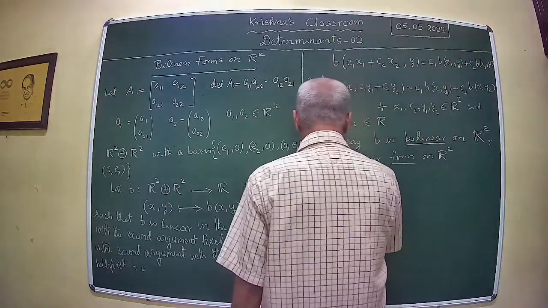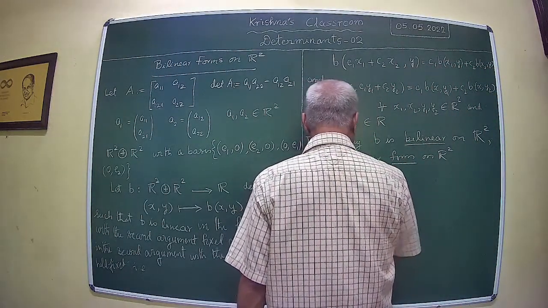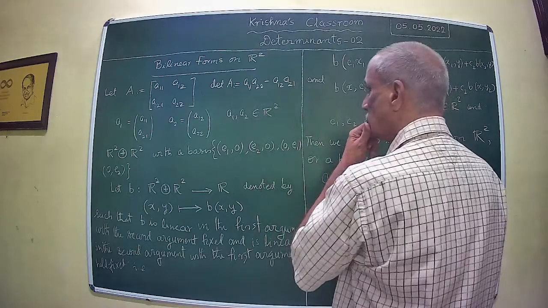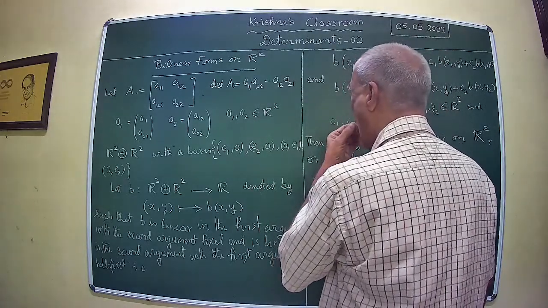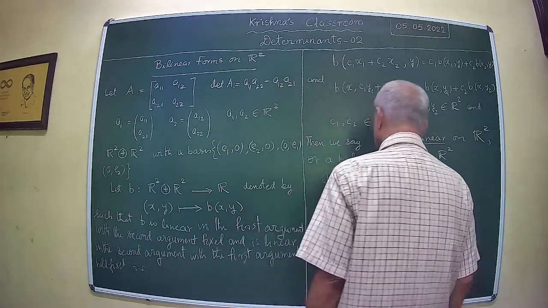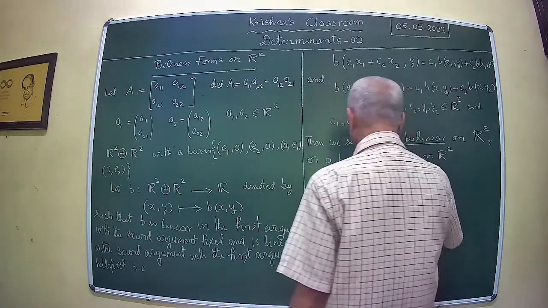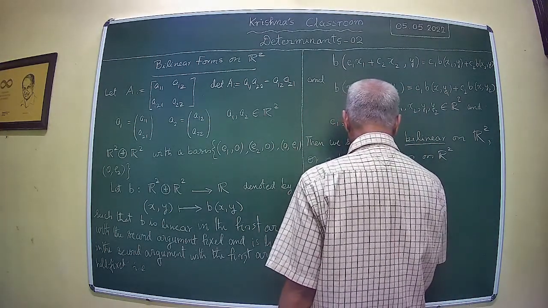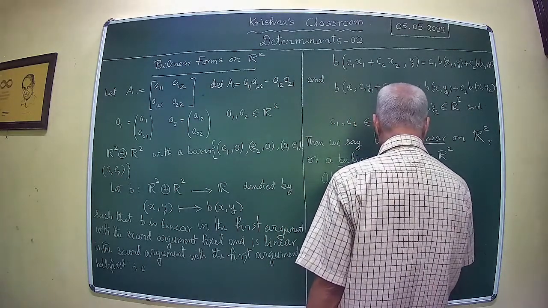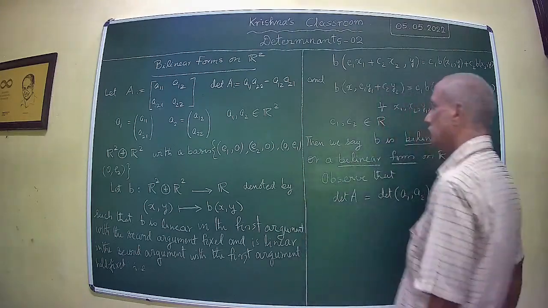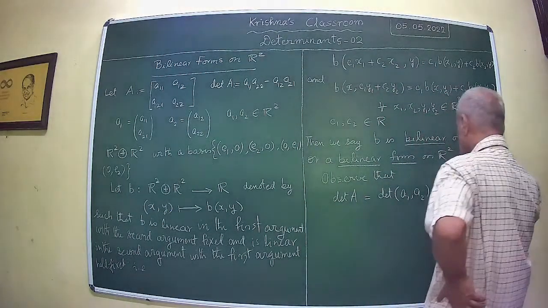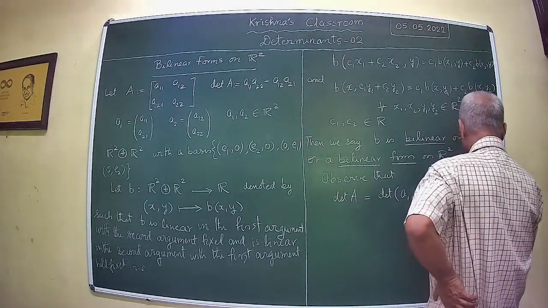Now observe that the determinant of A, which can be rewritten as determinant of A1, A2, that means these two columns, is a bilinear form.